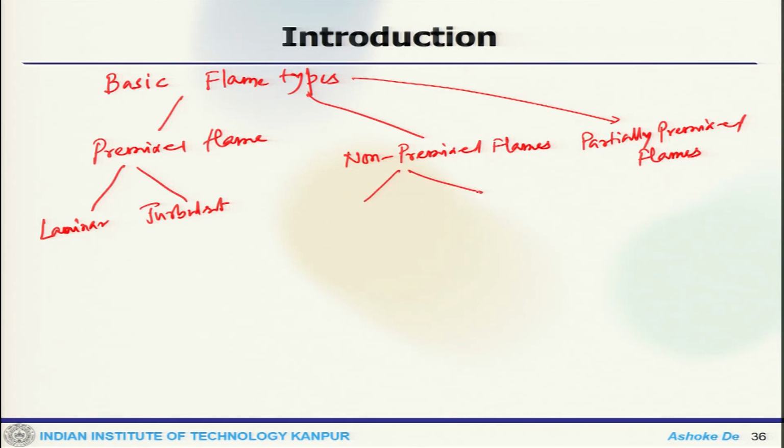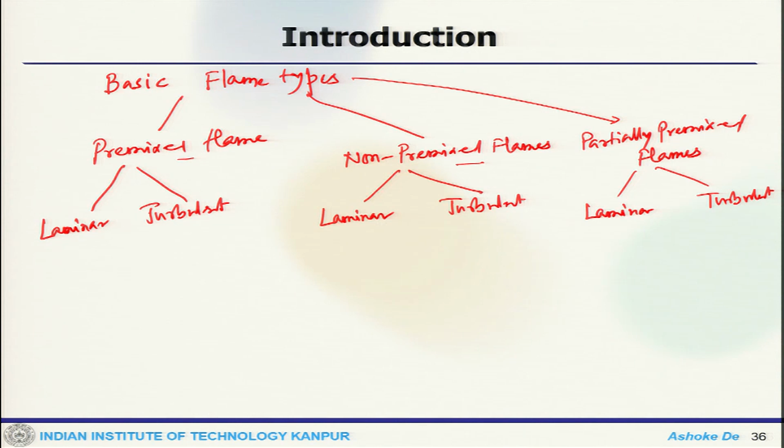The non-premixed flame could also be of two types, laminar or turbulent. Now, why are we broadly categorizing these flames into different regimes? Because the characteristics of the premixed flame are quite different from the non-premixed flame, and at the same time partially premixed flames are different from these two.